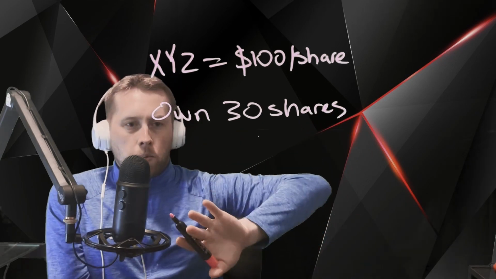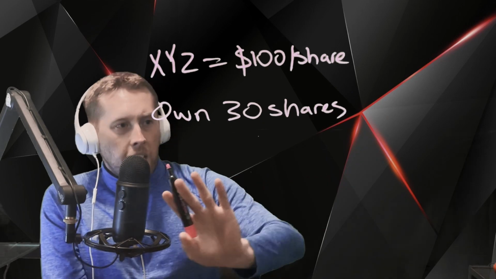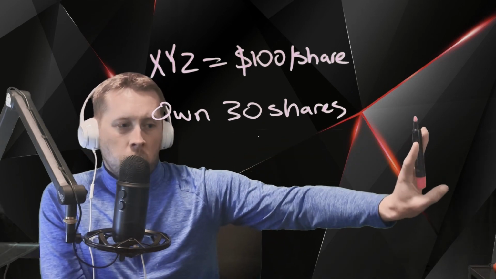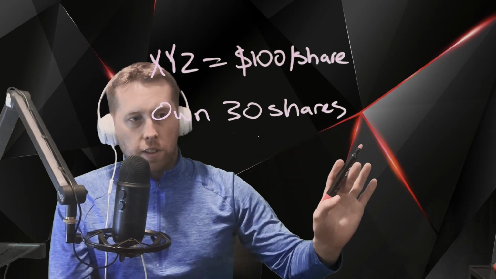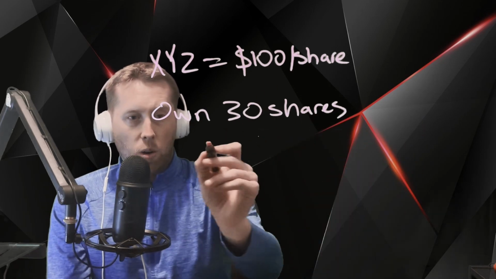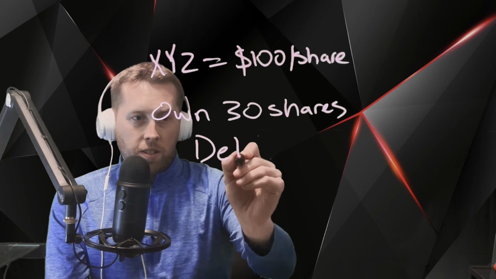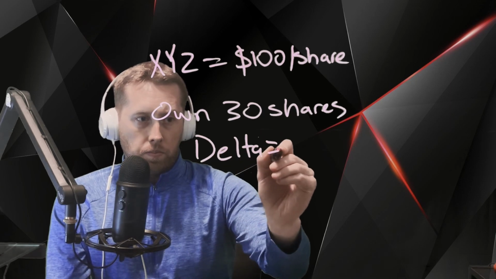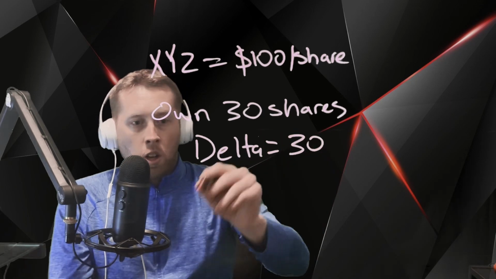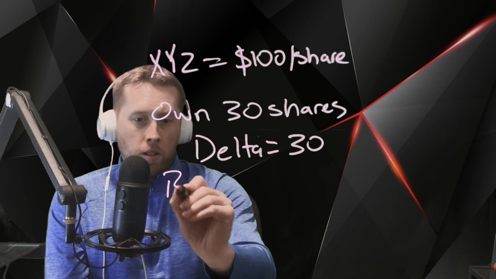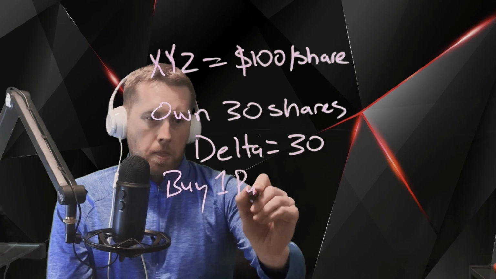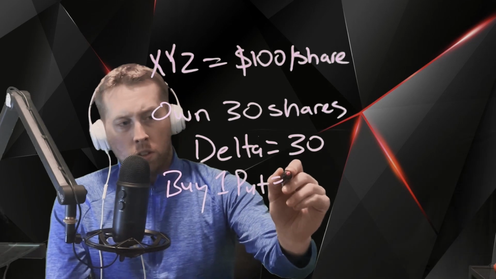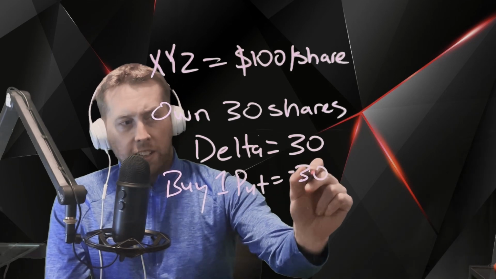But we've owned these 30 shares for a while, and we have gains on them. And we want to protect those capital gains. The way to hedge this, because right now our delta is 30, we would buy a put that is equal to a negative 30 delta.